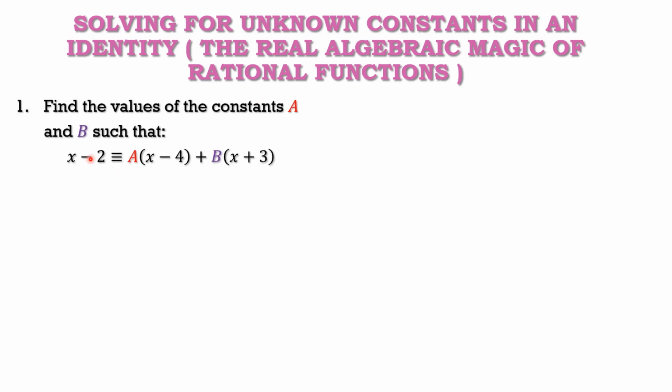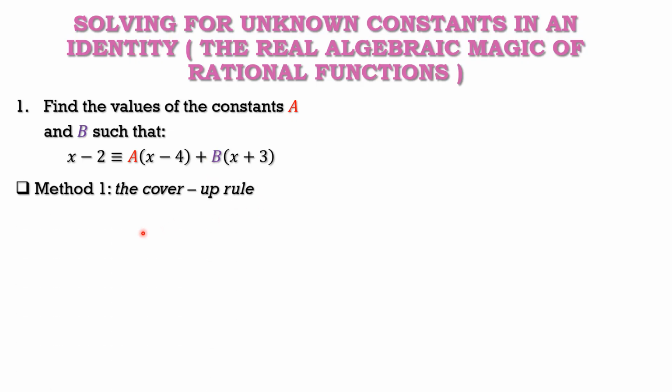This concept is the real algebraic magic of rational functions. For example, we are supposed to find the values of the constants a and b such that x minus 2 is equal to a(x minus 4) plus b(x plus 3).